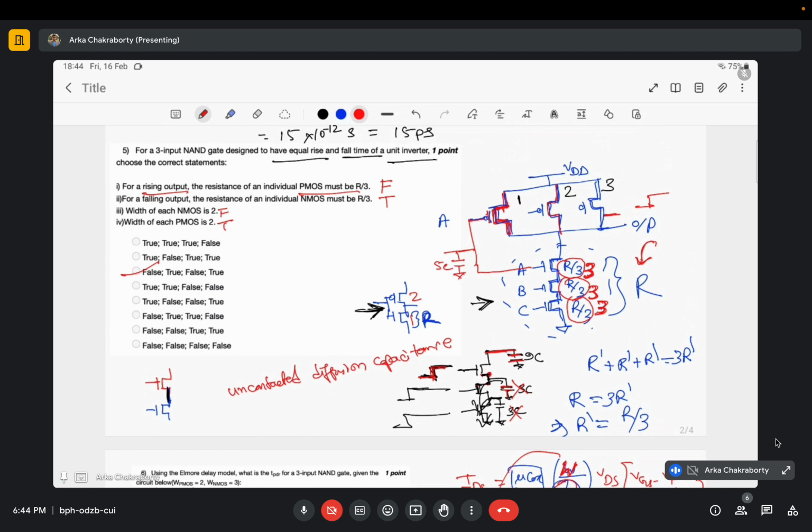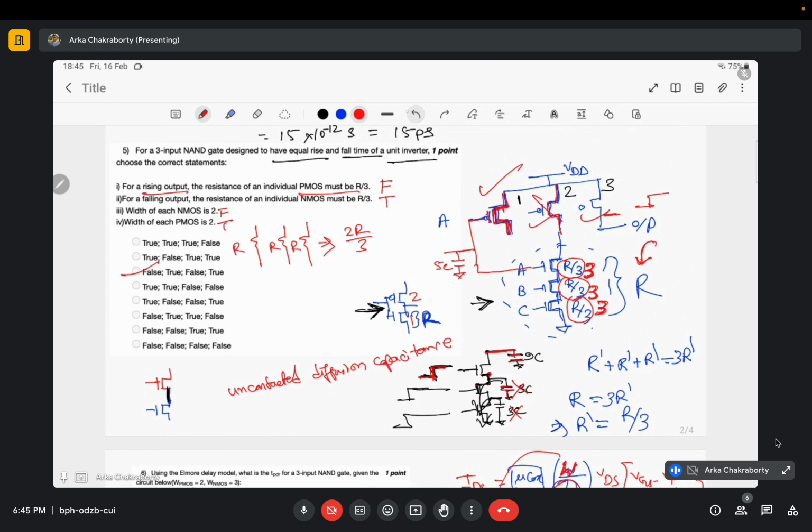What will be the worst case? The worst case will be when two transistors are off and only one transistor is working. The best case would be when all 3 transistors are on, so my net R would be 2R by 3.